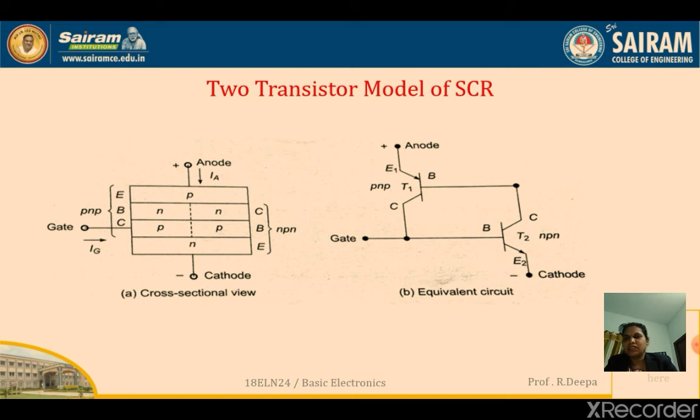The bottom 3 layers, starting from the cathode, the N-type material forms the emitter, the middle P forms the base, and N becomes the collector.